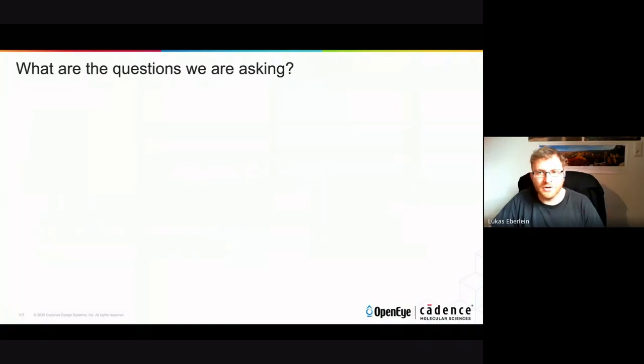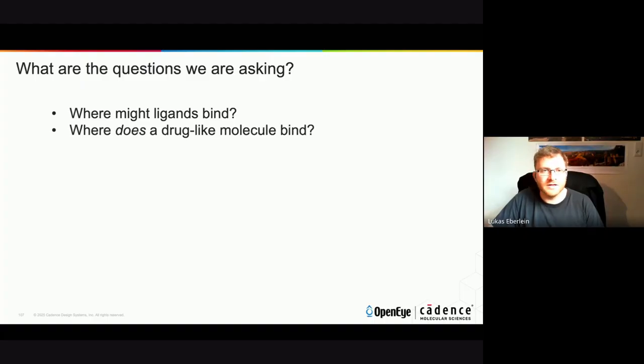So back to our questions: where might ligands bind? This led us to the development of a protein conformational space sampling workflow, which I hope I could show you works very well for most proteins. The second question was, where does a drug-like molecule bind?